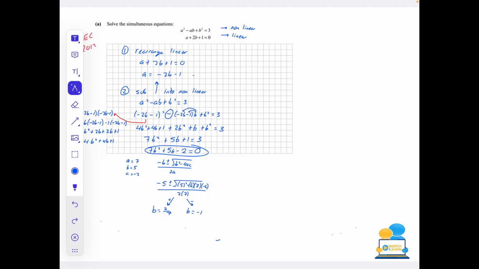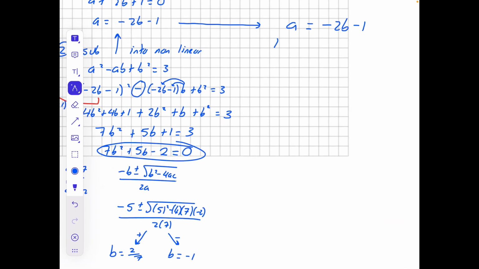Now I'm going to go up here for my step 3. I'm going to take this rearranged equation where I said that a is equal to minus 2b minus 1. I'm going to bring up my two answers. So b is equal to 2 over 7 or b is equal to minus 1. Okay, sub them in. So a is equal to minus 2 by 2 over 7 minus 1, and that gives me that a is equal to minus 11 over 7.